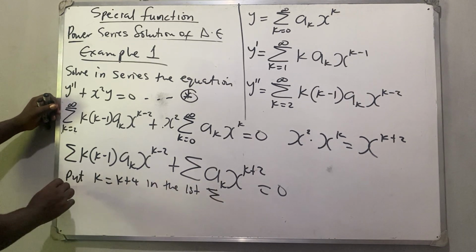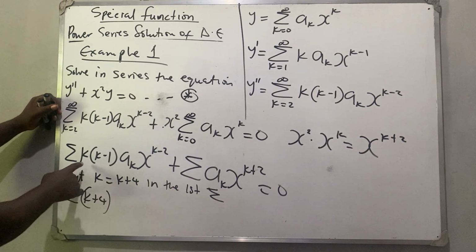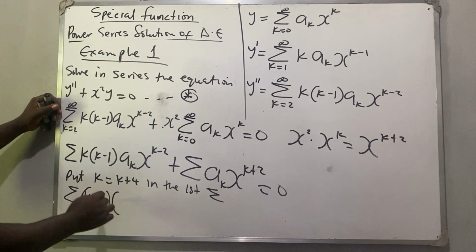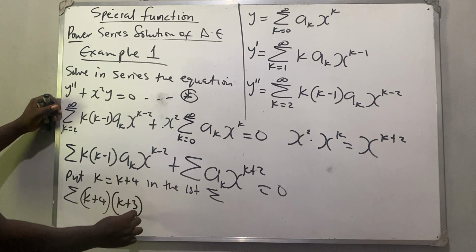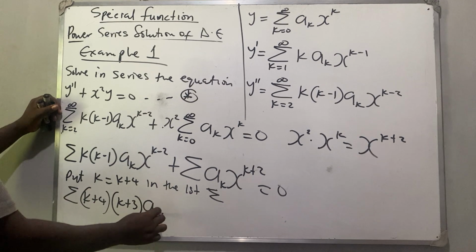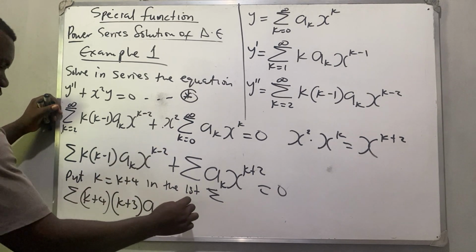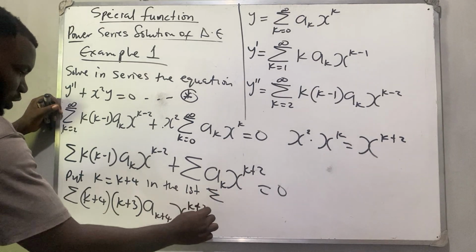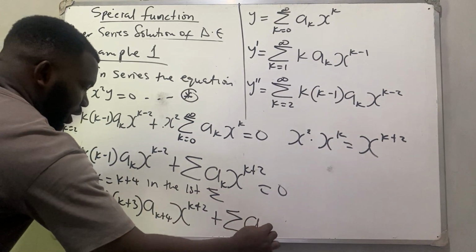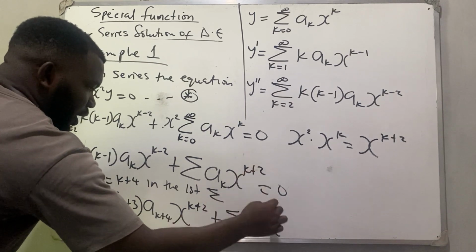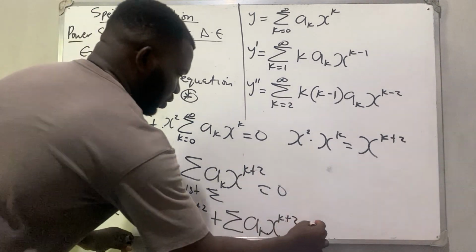So this is going to be the summation of k plus 4, because I'm seeing k here, k plus 4 into k plus 4 minus 1 will give k plus 3. Then I'm having a k plus 4, then x raised to power k plus 4 minus 2 will give us k plus 2. Then plus the summation of ak x raised to power k plus 2 is equal to 0.